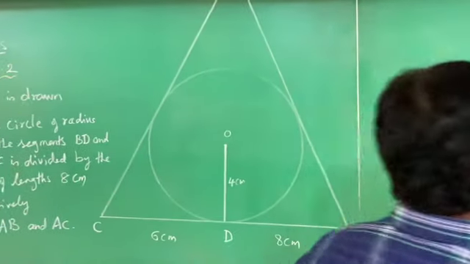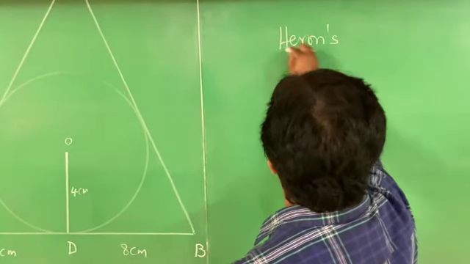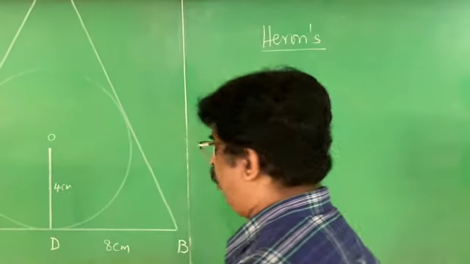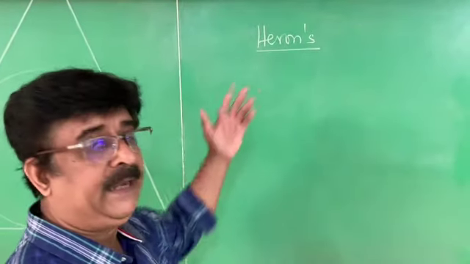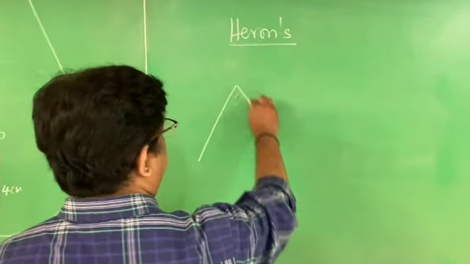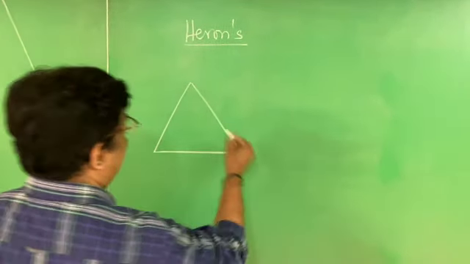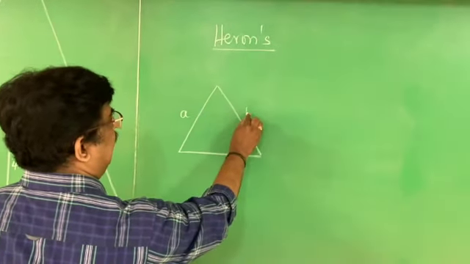See, Heron's formula helps us to calculate the area of a triangle by taking the perimeter of the triangle. For example, here there is a triangle. The sides of the triangle are taken as small letters a, b and c.